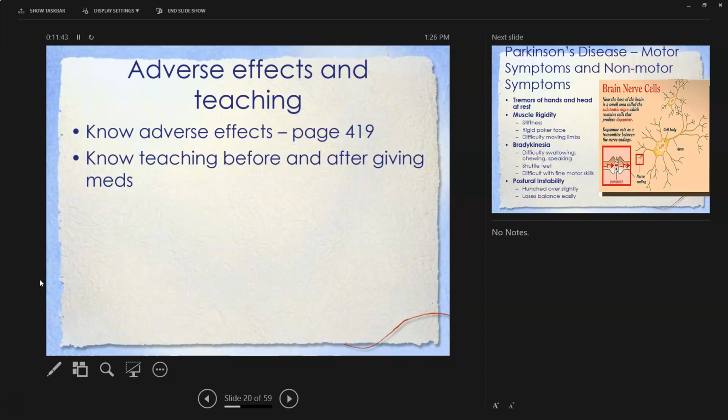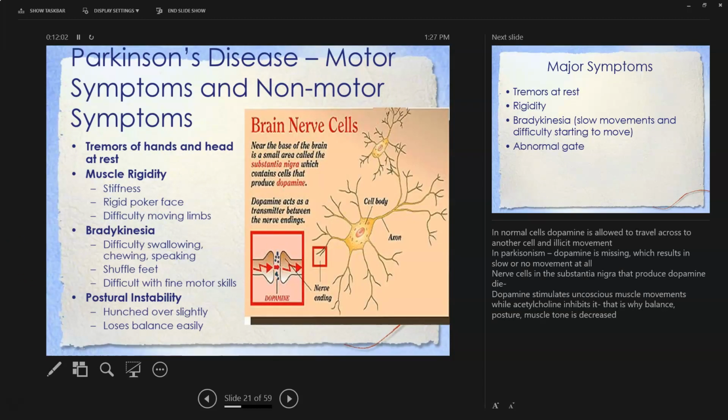Assess their swallowing, because the patient may be at risk for aspiration, so you need to check their ability to swallow. Do not crush these medicines, and certainly look for liver and kidney previous history that we've talked about.